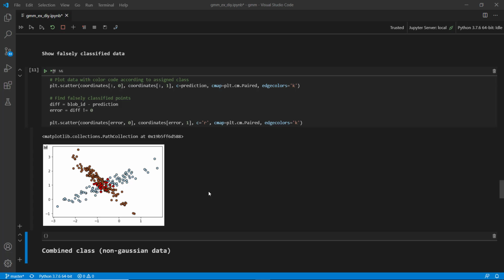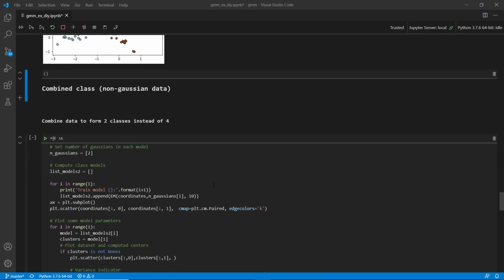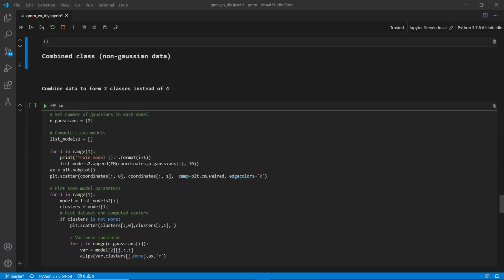And here in this plot I have red dots, and that's the data that has been falsely classified. And you see that we only have a problem where our classes overlap. And as I showed you in the comprehension question, this is because we have the variance information, and a simpler approach would have had problems here.